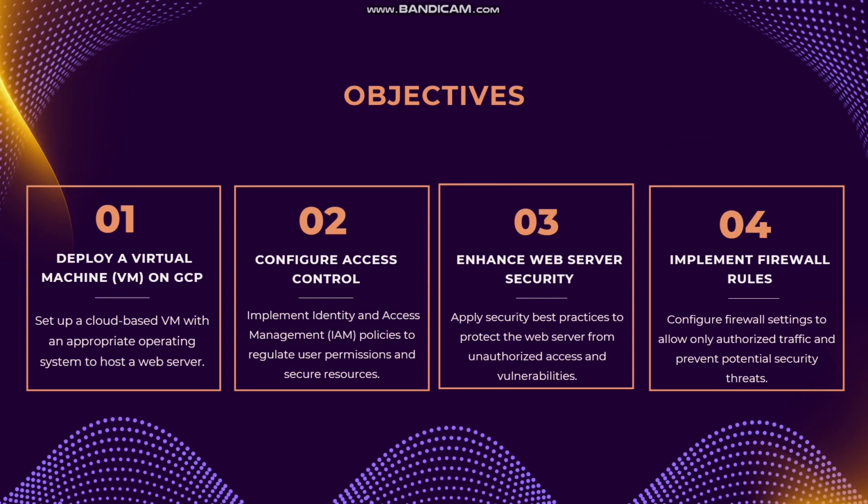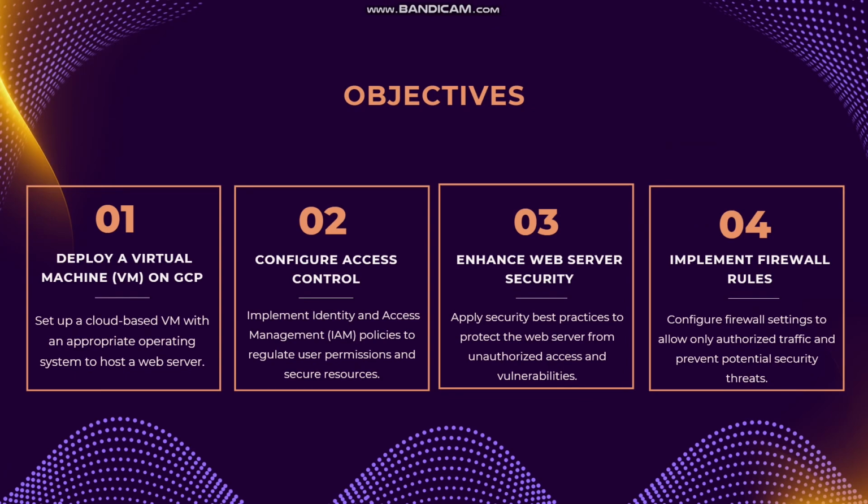The objectives are: Number 1, deploy a virtual machine (VM) on GCP, setting up a cloud-based VM with an appropriate operating system to host a web server. Number 2, configure access control, implementing identity and access management policies to regulate user permissions and secure resources.